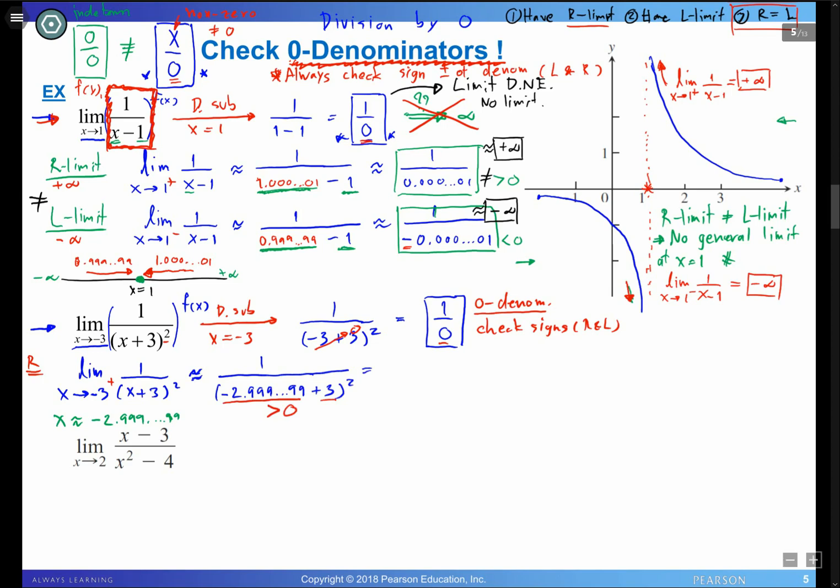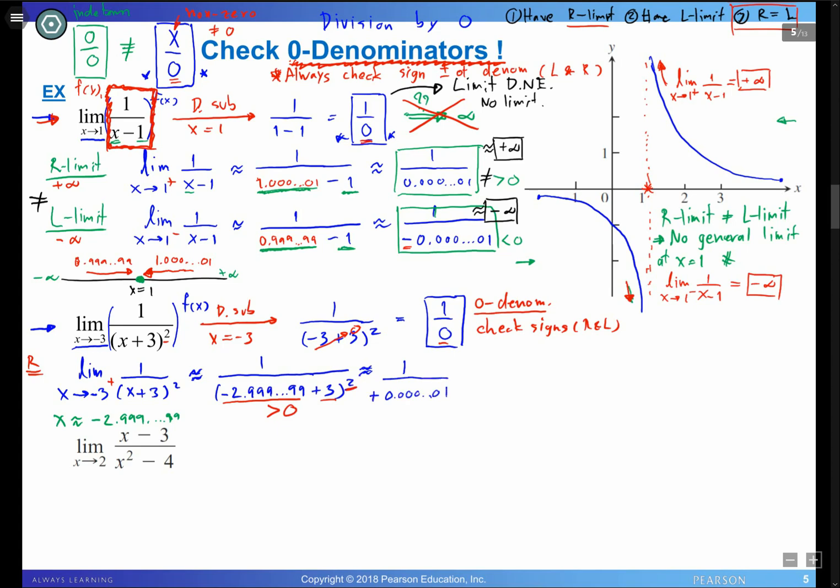So in the end, with this square it becomes extremely small. We have 1 over 0.000, lots of zeros, 1, and it's positive.